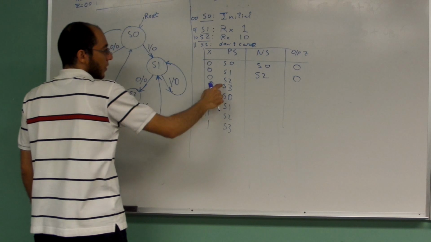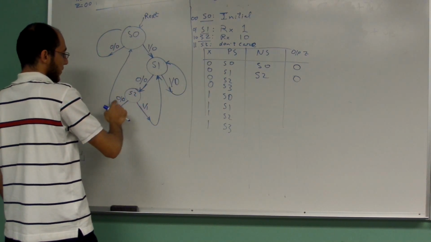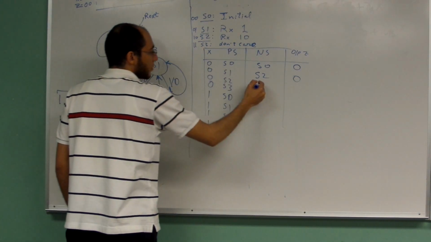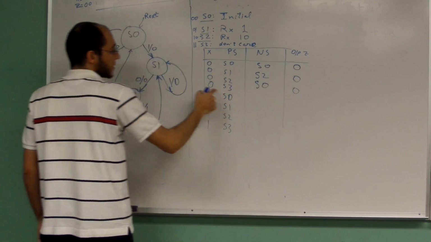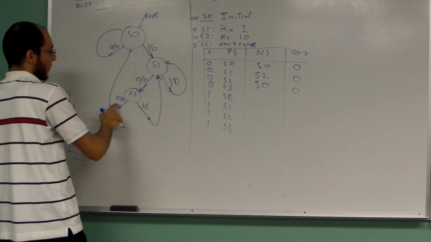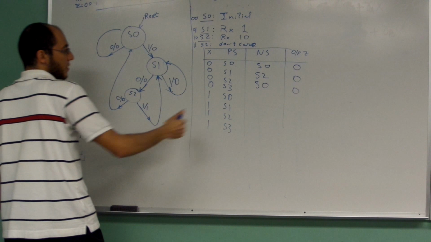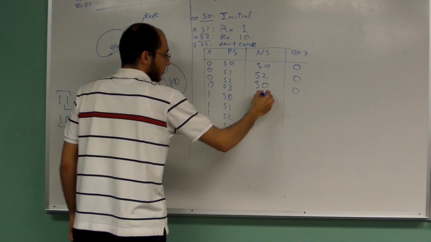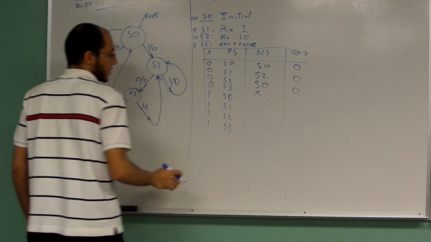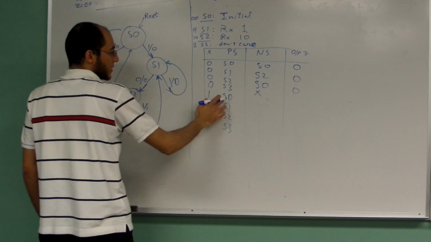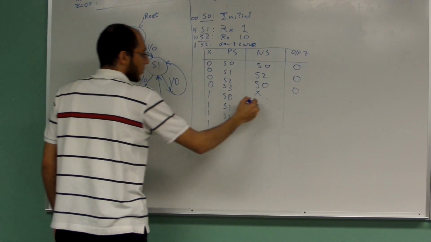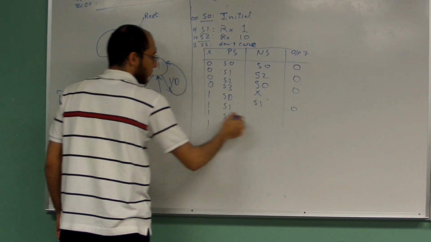Okay? So S2 receives a 0, go to S0, and output of 0. S3 receives a 0, there is no S3, then don't care. Okay? I do not care what's going on here. S0 receives a 1, go to S1, and output of 0.